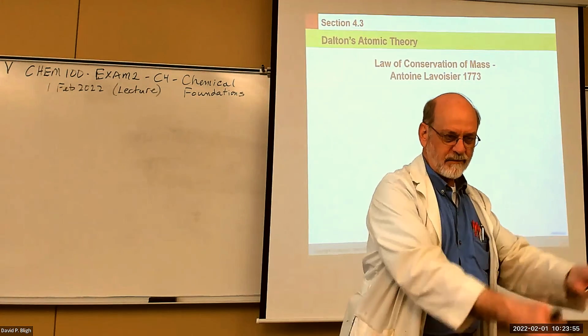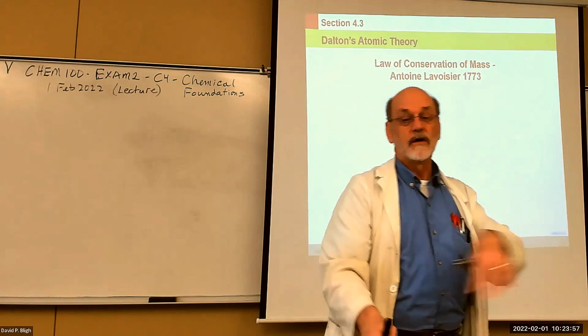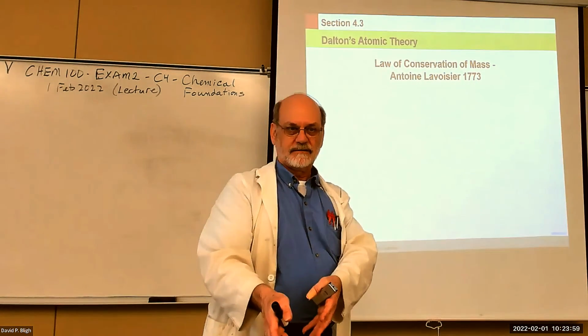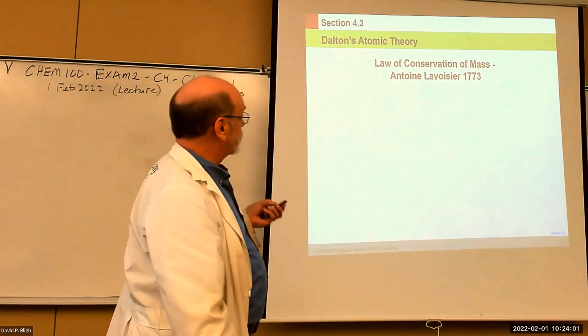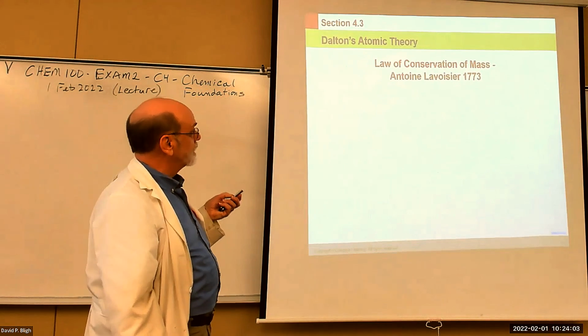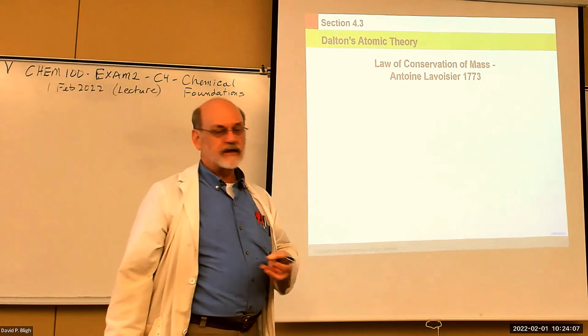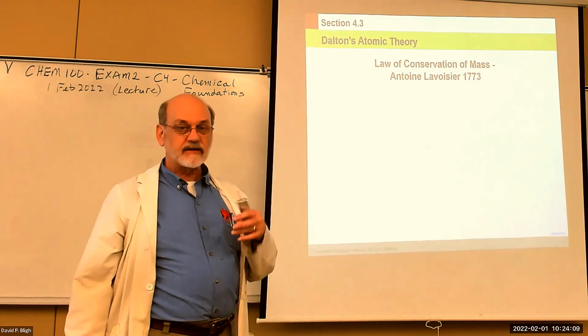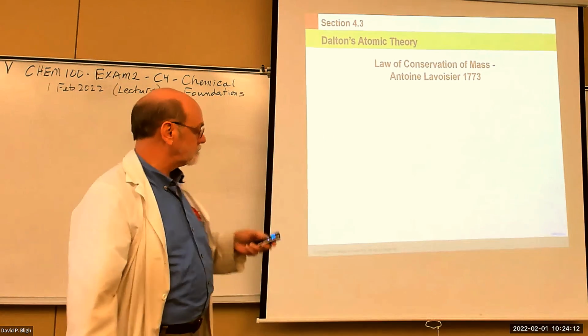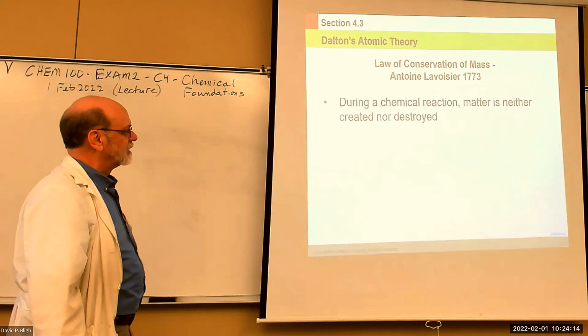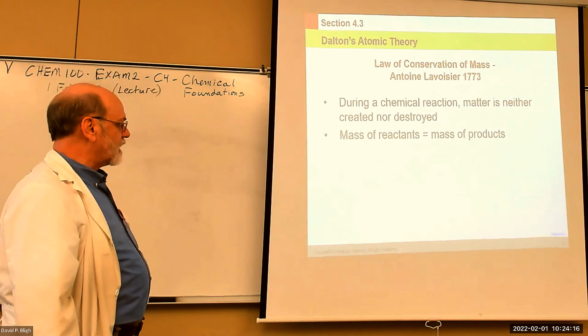And all the product mass is exactly equal to the reactant mass. Okay? And that's his law of conservation of mass. Notice it's a law. It just says this is what happens. It doesn't explain why. That comes later. Okay? Matter is neither created nor destroyed.